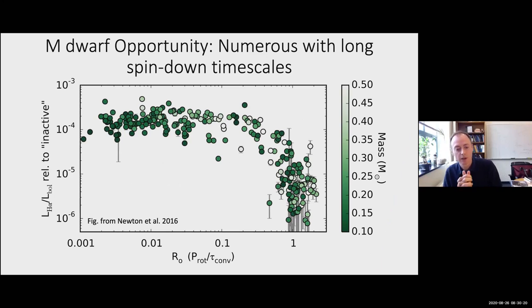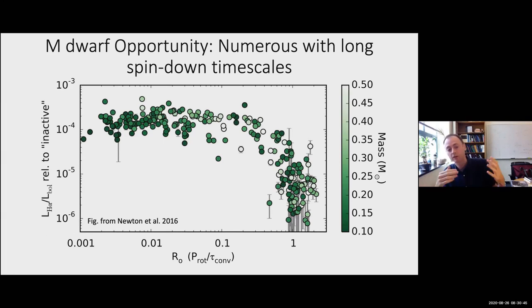I don't quite have time to go through all of it, but I can talk a little bit about it. But I became interested in this because M-dwarfs are a wonderful opportunity to study the saturation effect, and that's because M-dwarfs have very long spin-down timescales. This is a figure showing the saturation effect with H-alpha on the y-axis, Rossby number on the x-axis, and this is not by me, this is by my collaborator Elizabeth Newton from a previous paper.